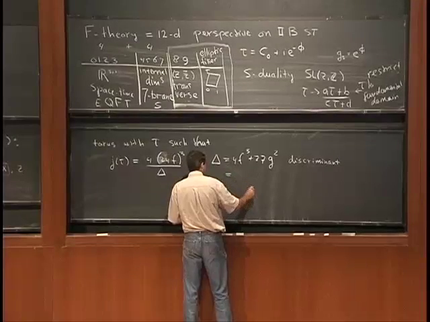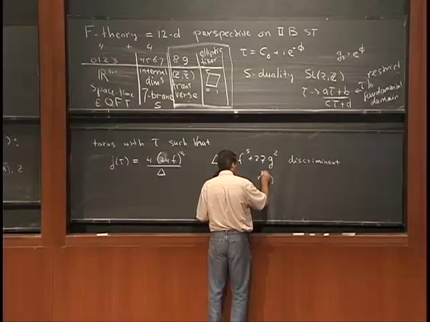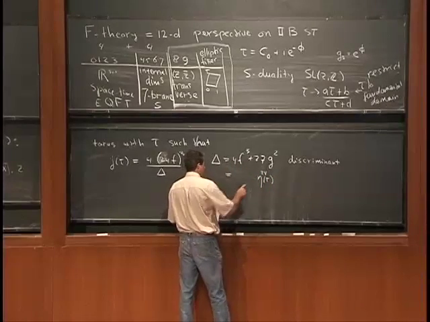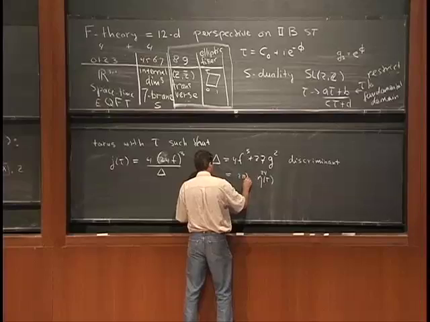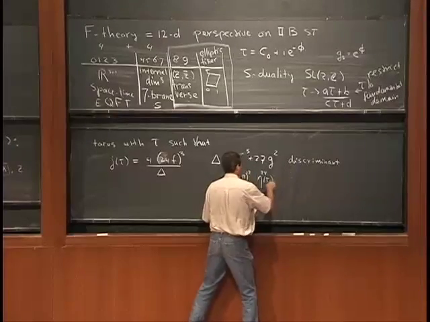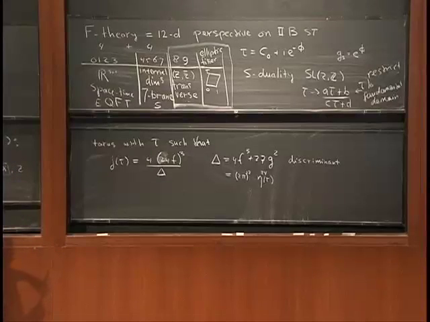In terms of another modular function, which perhaps was mentioned in John's lecture, the Dedekind eta function, for those of you familiar with that, this discriminant is expressed in terms of the eta function like that.